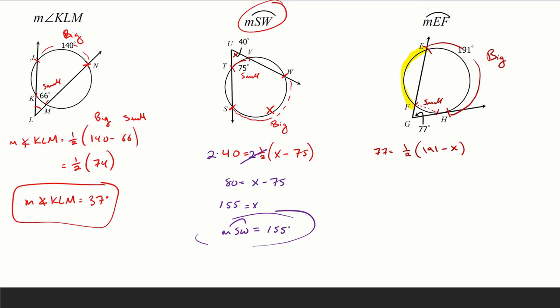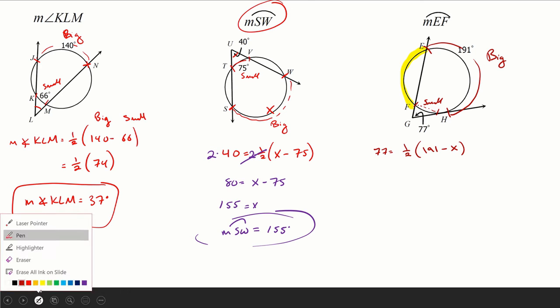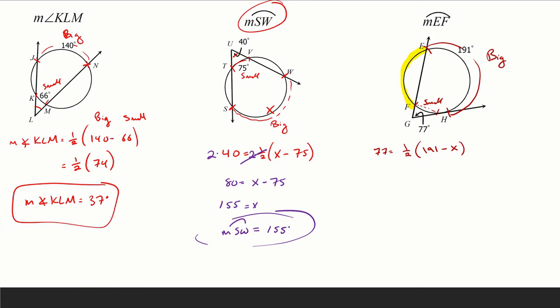And from here, it's just a matter of solving for X. And again, if you can take half, take half. If not, we're going to multiply both sides by 2 to get rid of the half. On the left side, 77 times 2 gives us 154. On the right side, we got rid of the half, and we're left with 191 minus X. So when I subtract 191 from both sides, on the left side, I'm left with negative 37.